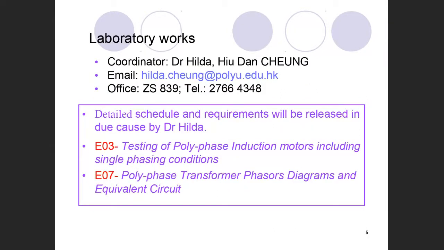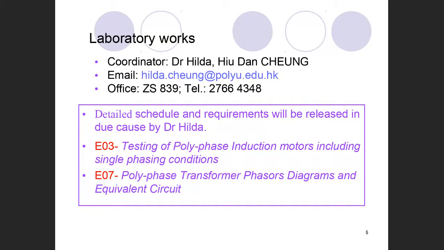For the laboratories, we arranged 2 experiments because we cannot arrange many more. The instructions of the laboratory sheet will be distributed to you by the coordinators. We have electrical experiment 03, testing of polyphase induction motors, including single-phase conditions.